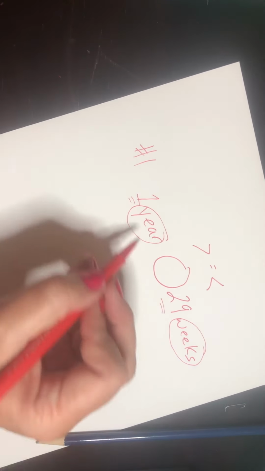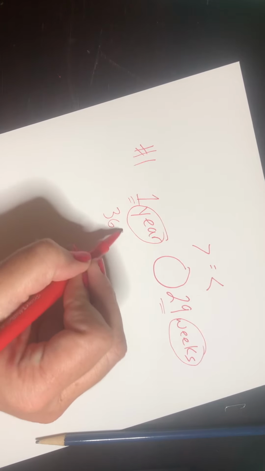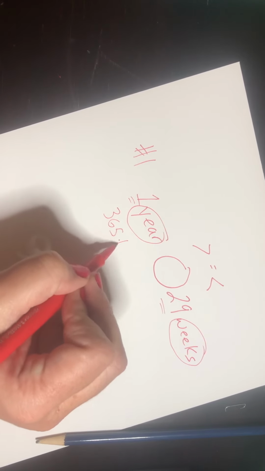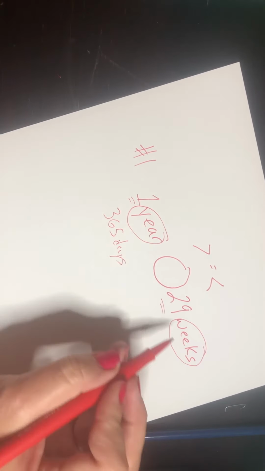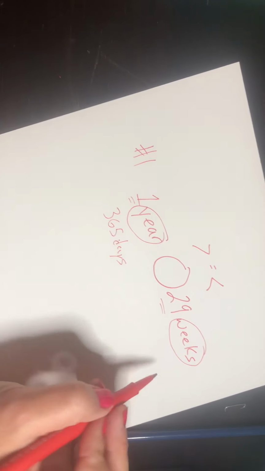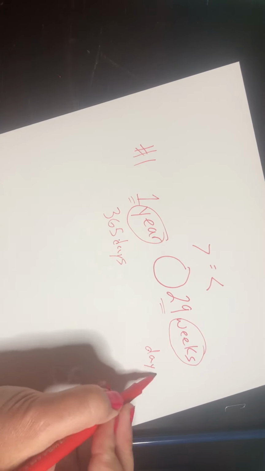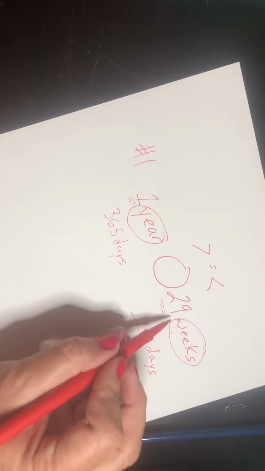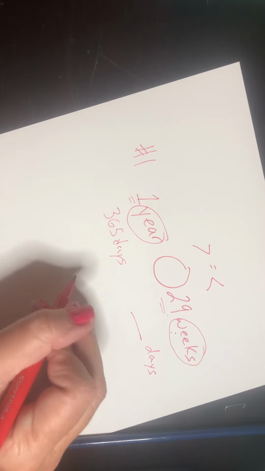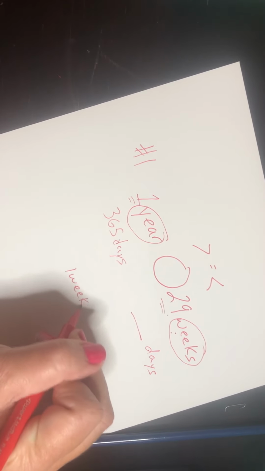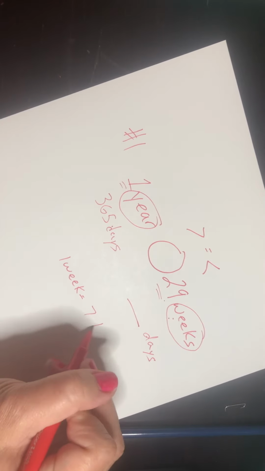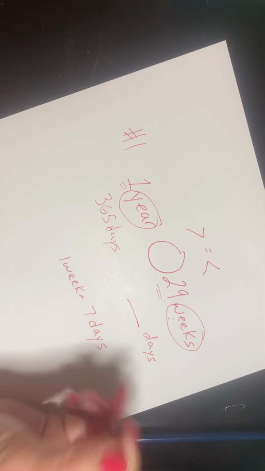So 1 year, that, of course, is 365 days. So I want to convert 29 weeks into days. So I want to figure out how many days is 29 weeks. So I know in 1 week, there are 7 days.